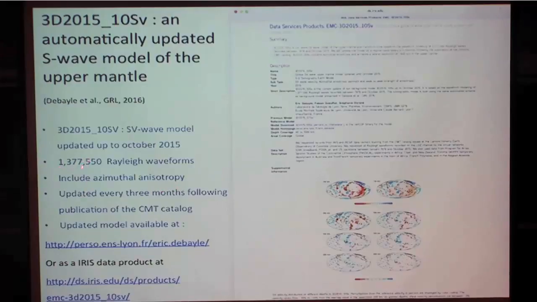It contains 1.4 million waveforms. We update it every 3 months, and we follow the publication of the CMT catalog. So we will update it every 3 months, in March, June, September, and November, each year, and the model will be available. It is already available as a data product at IRIS or on my personal web page, so you can download it.